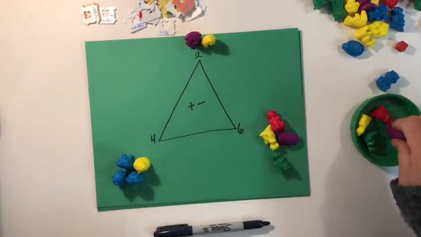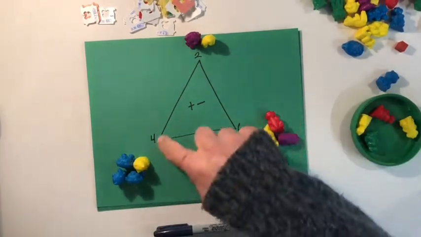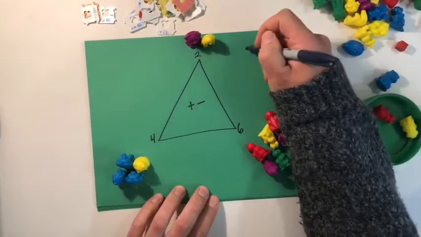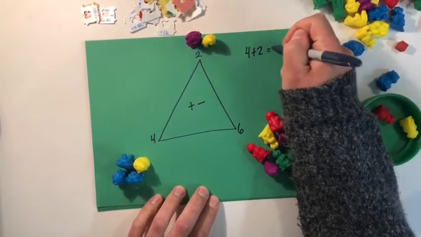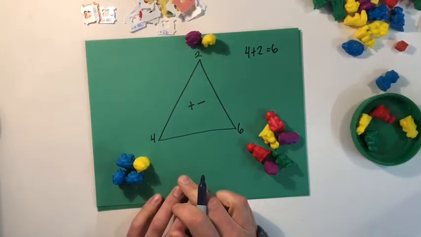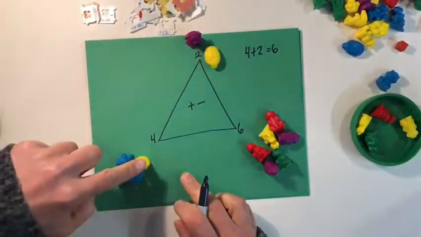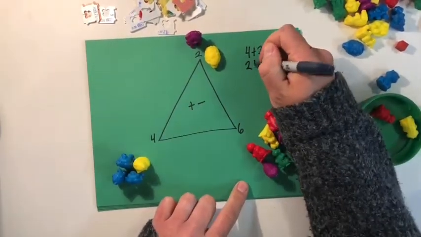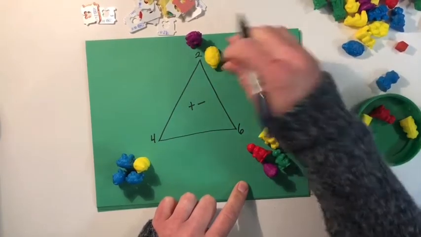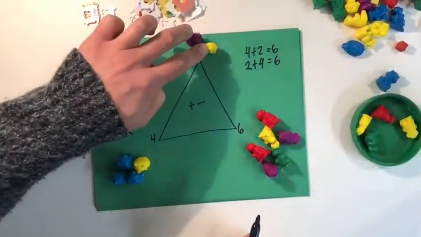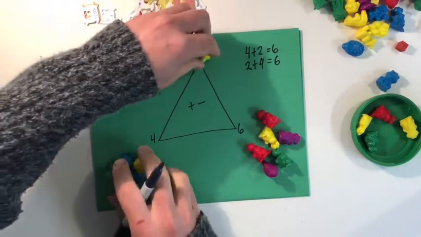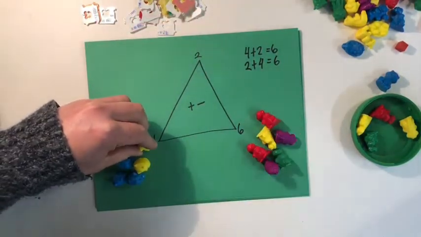So there's my 4, and then my 6. So 4 plus 2 equals 6, and I'm going to write that down. 4 plus 2 equals 6. Another way I could say that is 2 plus 4 equals 6, because it's true. I know that it's true because I can see that this 2 and this 4 group together and add together to create the same amount that's over here.